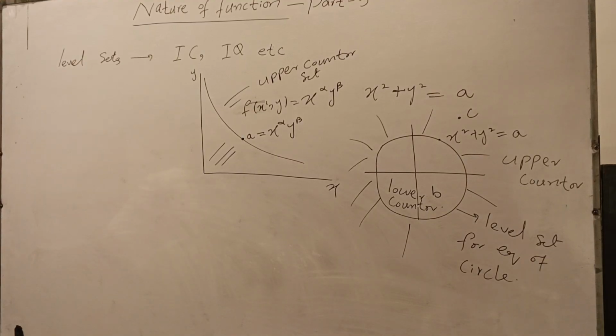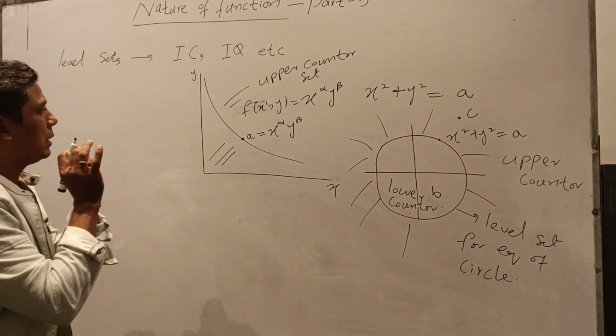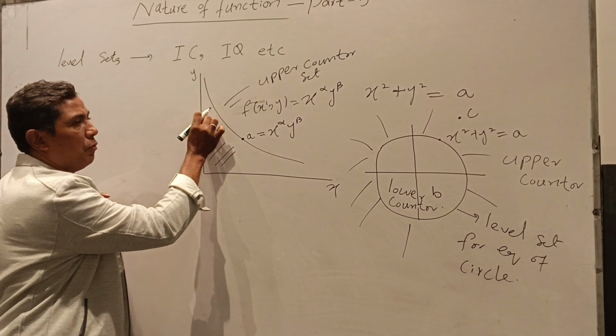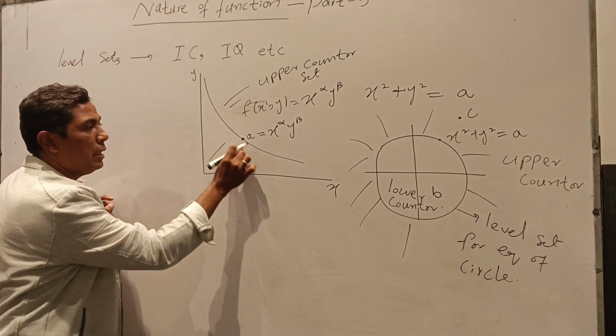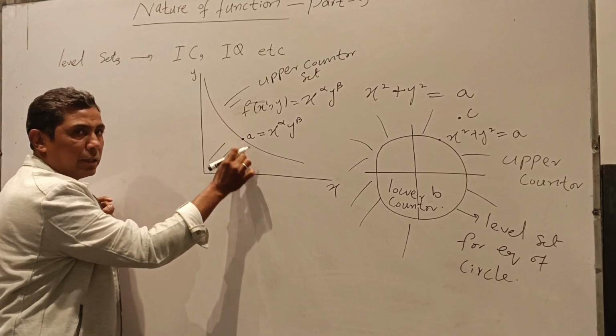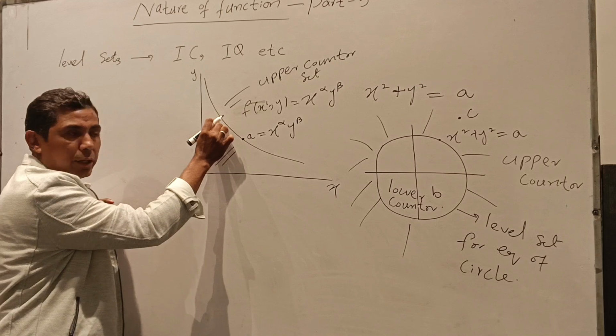Now you need to compare. We have decided that if the upper contour sets are convex, the function is quasi-concave. Clear? And if the lower contour sets are convex, the function is quasi-convex. Convex means any linear combination in that region, right?